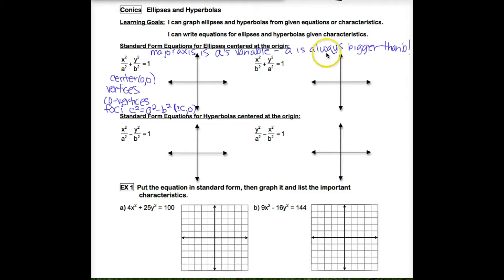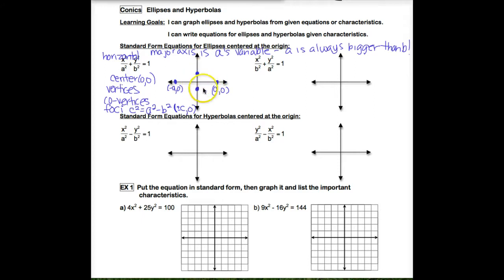So since a is always bigger, we say the major axis is the one with a. So here the major axis is the x-axis, which means this one is what we call a horizontal ellipse, because the x-axis is going to be longer than the y. So wherever a is, let's say this is a, 0, and obviously equally spaced, this is the opposite of a, 0. Those would be my vertices. My covertices are not going to be as far from the origin as a is.